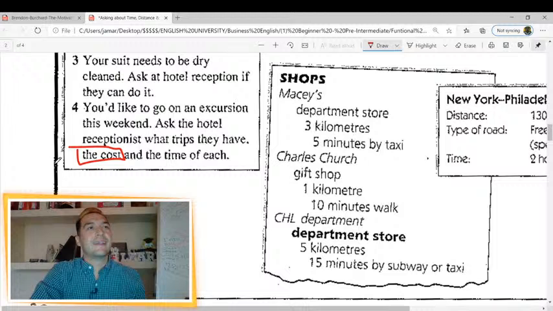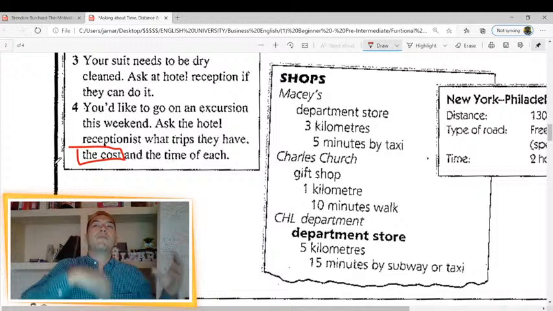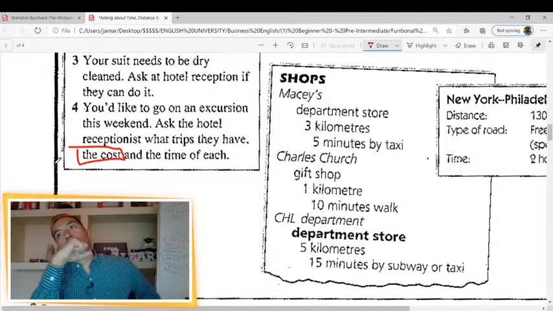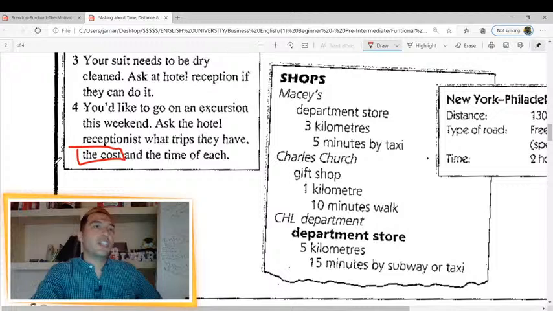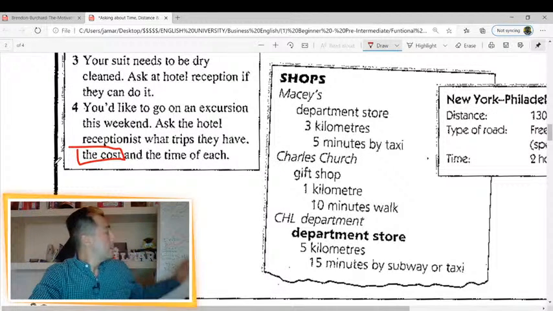The price? No, how much is already prices included? How much is? What are you asking about? The cost. Yes, the cost of what? Excursion. The excursion is the subject. How much is the excursion?